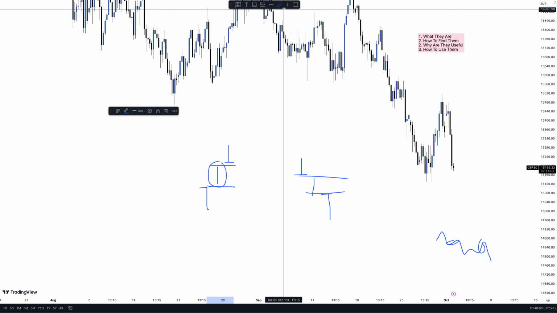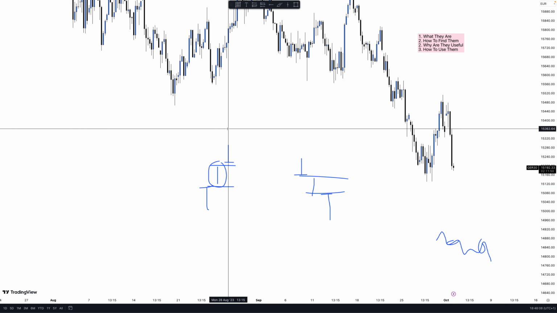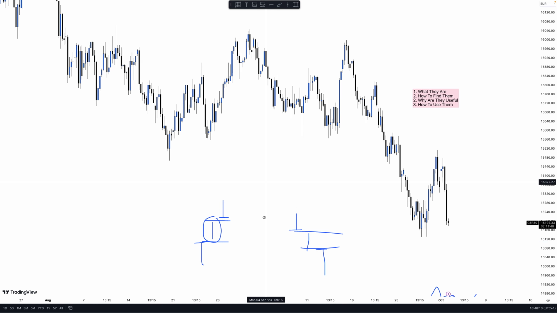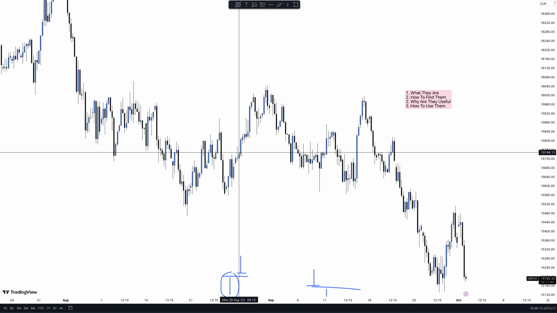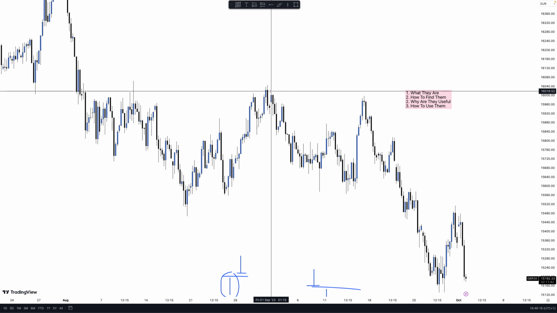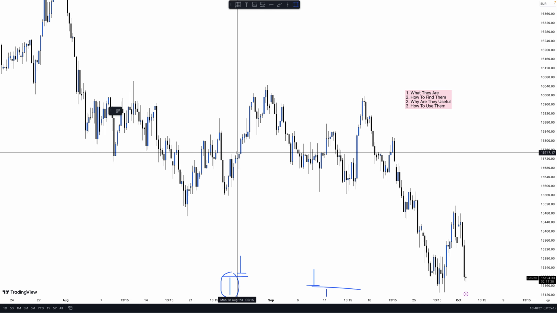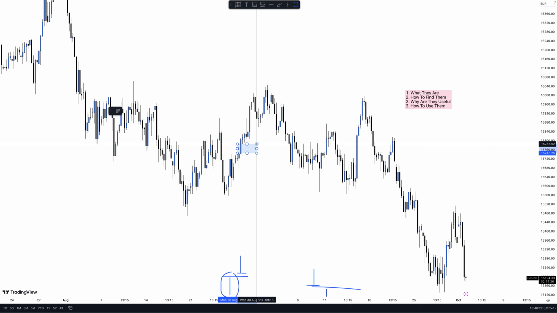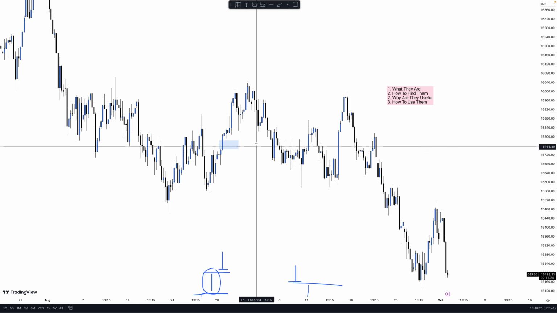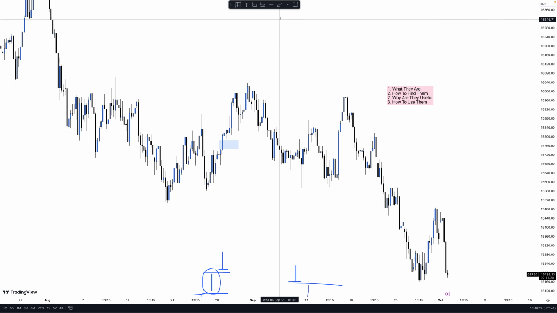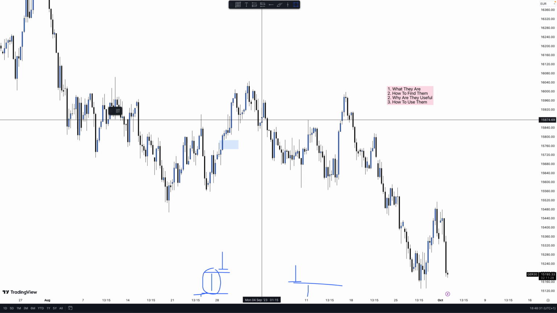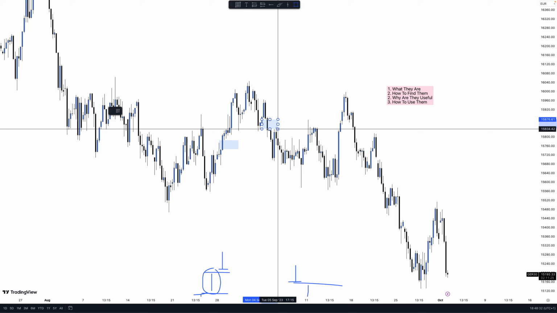So if we apply the same concept to the charts right here. Here we have 1, 2, 3 consecutive candles. Therefore, this right here is an imbalance. Same thing over here. We have 1, 2, 3 consecutive candles, which means this is an imbalance.